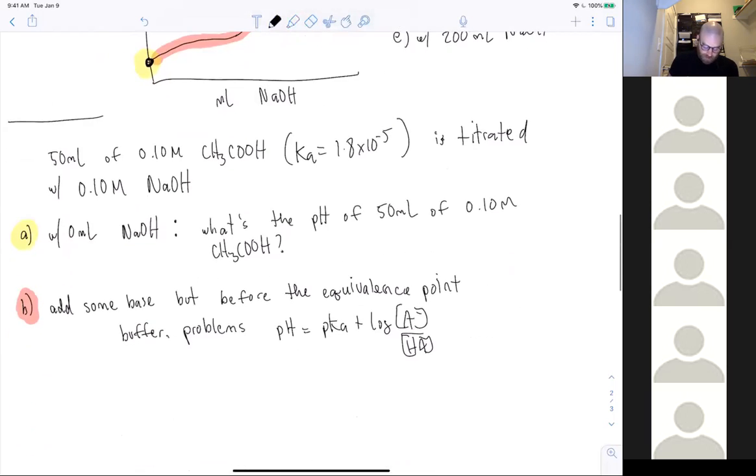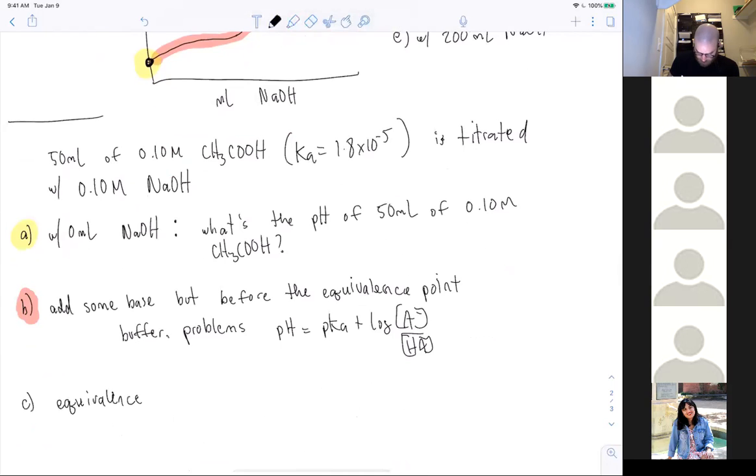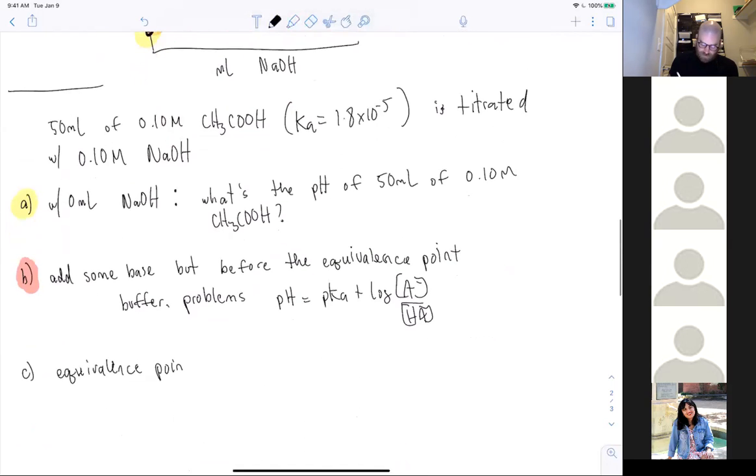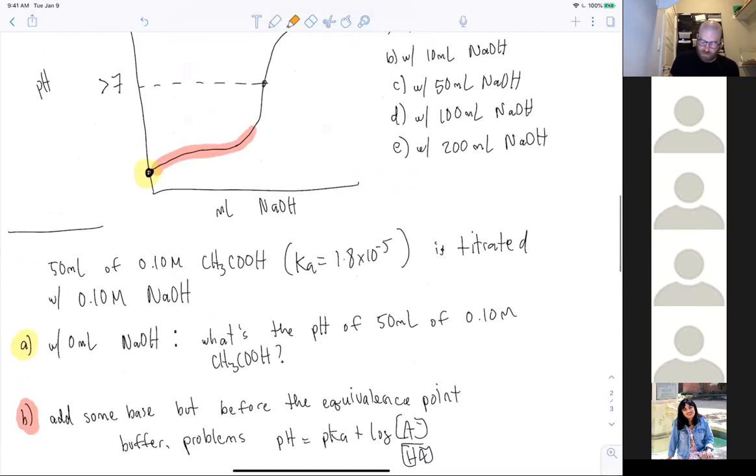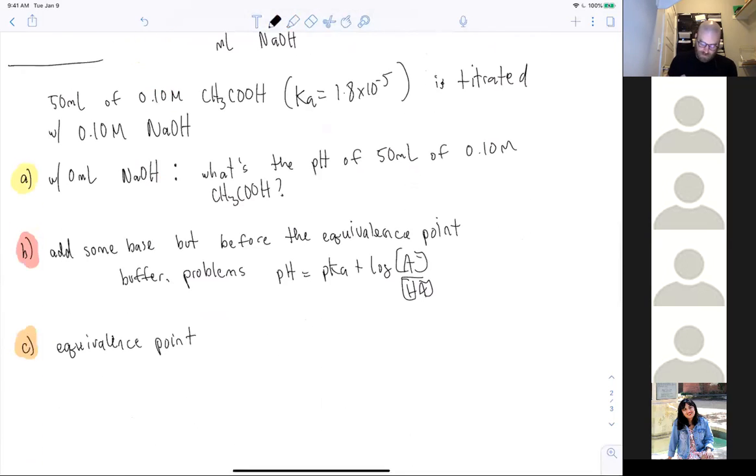And then when you're at the equivalence point, so when I'm right here, whatever that ends up being, I'm just doing a weak acid, strong base.